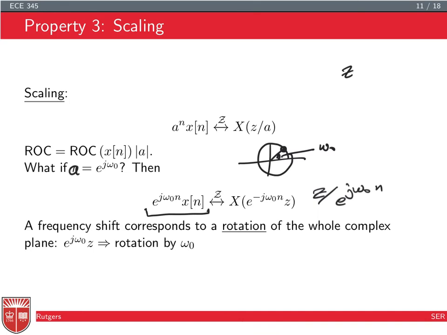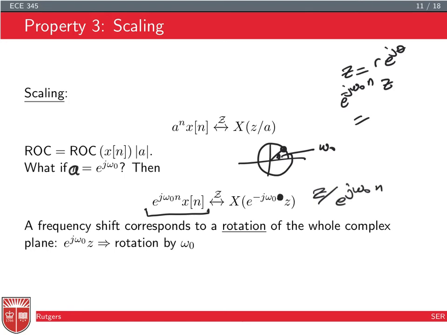Let's suppose that z written in polar coordinates is r e to the j theta. Then when you multiply by e to the minus j omega 0 times z, sorry, here there's no n.